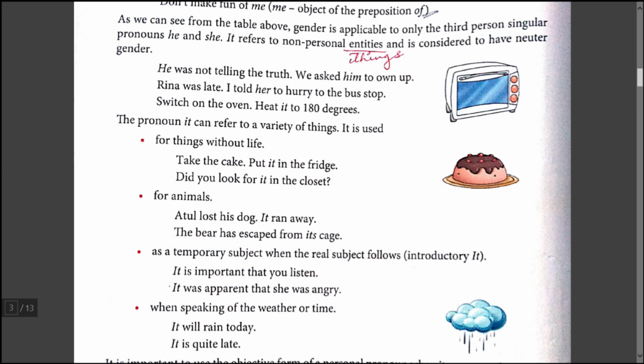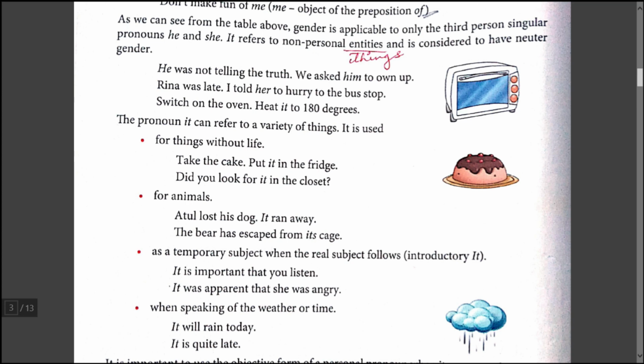Next one, that is non-living thing. For example, he was. Here three examples are given, student. First one I'm reading. He was not telling the truth. So here we asked him to own up. So here instead of he, you're using him. Means what? In subject side, he will come. But in object side, what will come? Him will come.